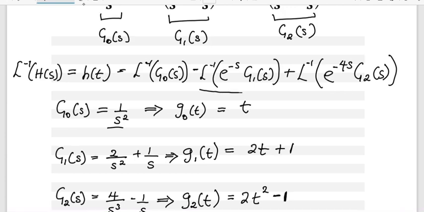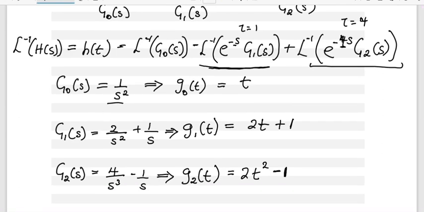For this particular term, the tau here is 1, and for this term, the tau here is 4, which is the power. So with that, I can easily say that g1 of t minus tau will simply give me 2 into t minus 1 plus 1, which is 2t minus 2 plus 1, which would be 2t minus 1.